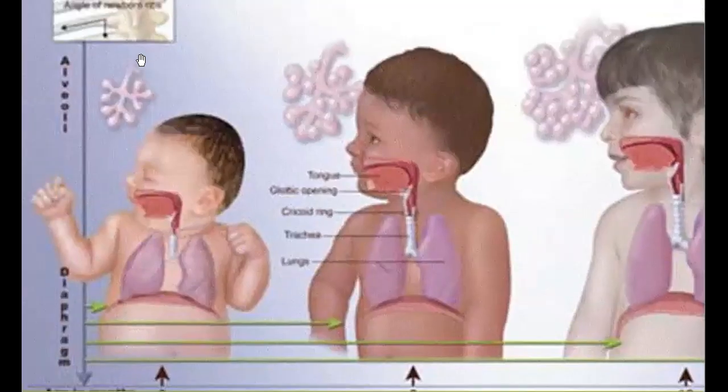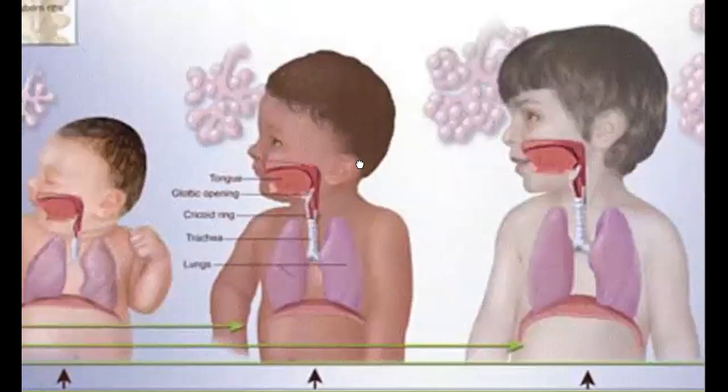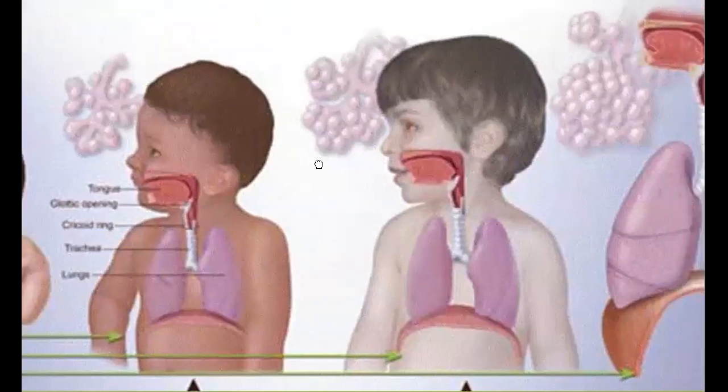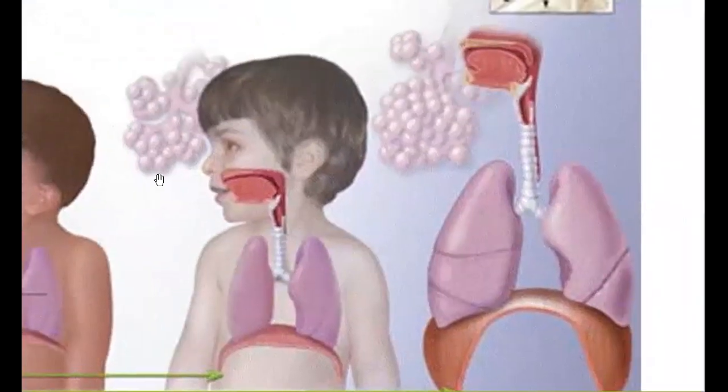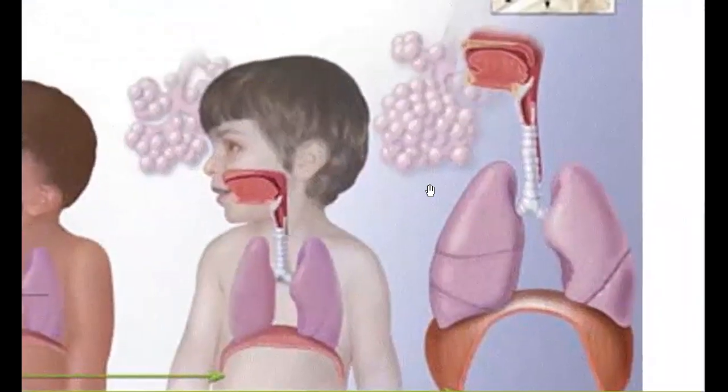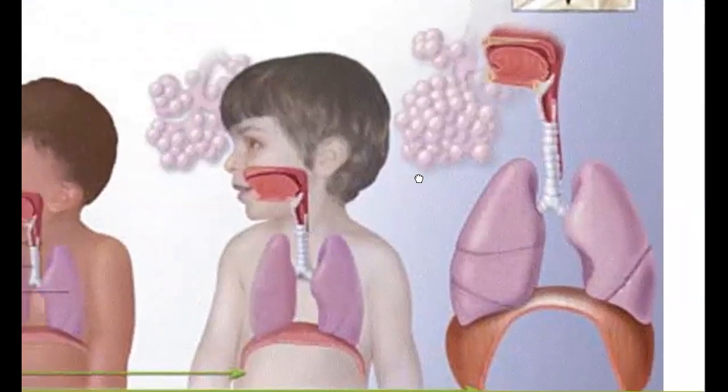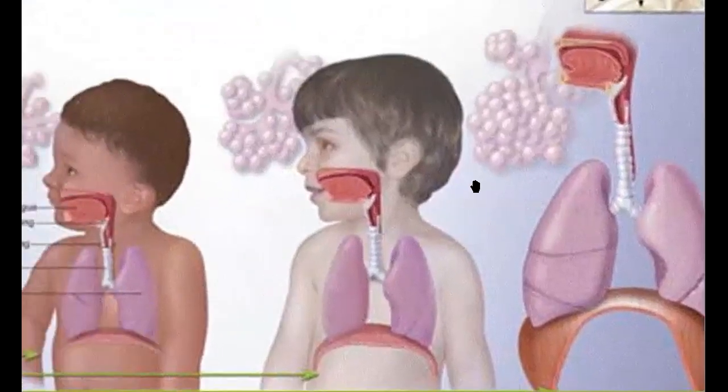That's huge. And what happens at the level of the alveoli? That's where our gas exchange occurs. And so the significance of this tiny amount of alveoli here and how it gradually gets more and more complex as the child grows to adulthood, the significance of that we're really going to talk about today.